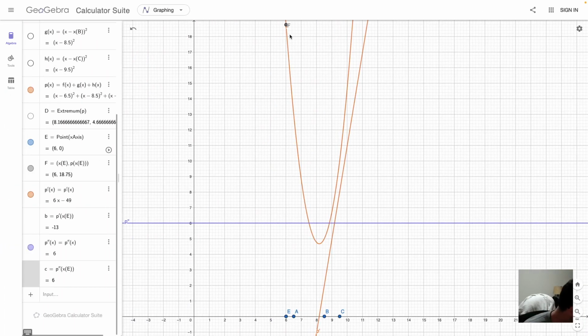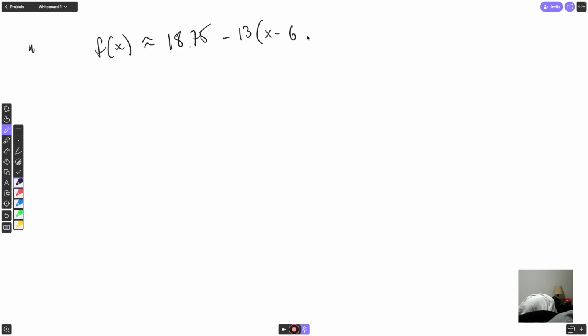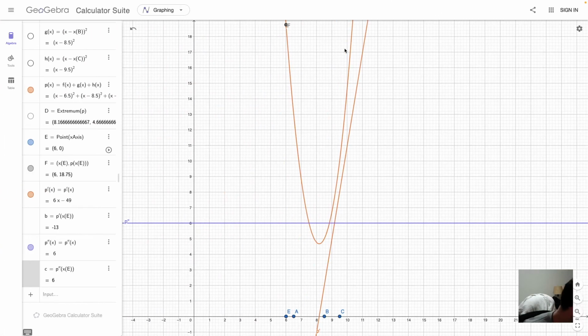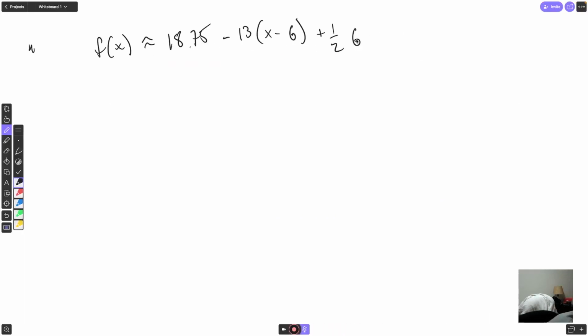What was the x value of e? It was 6. So x minus 6. And then plus 1/2 of the second derivative, which is 6, times x minus 6 squared.